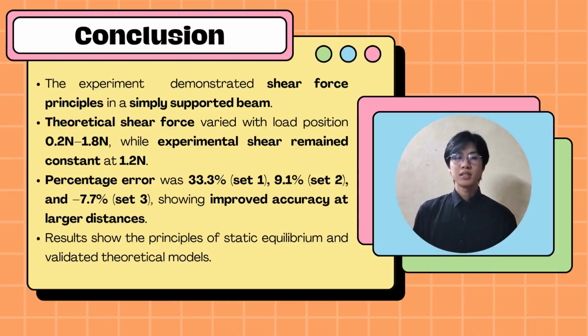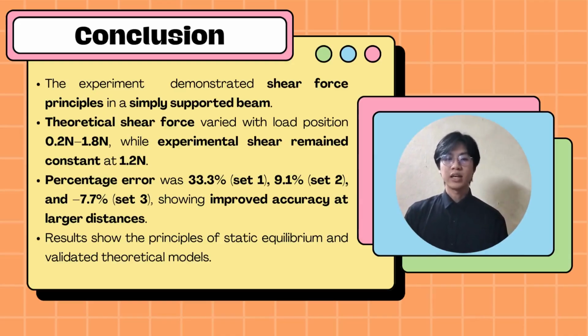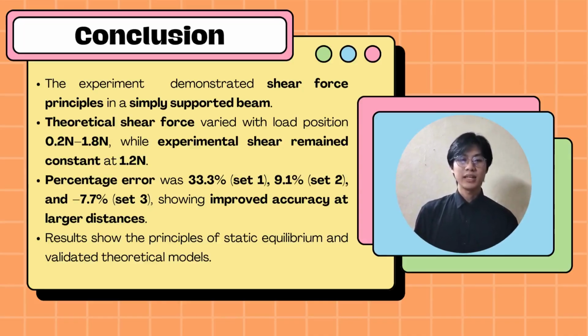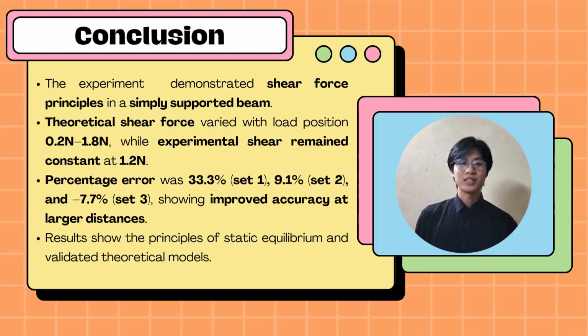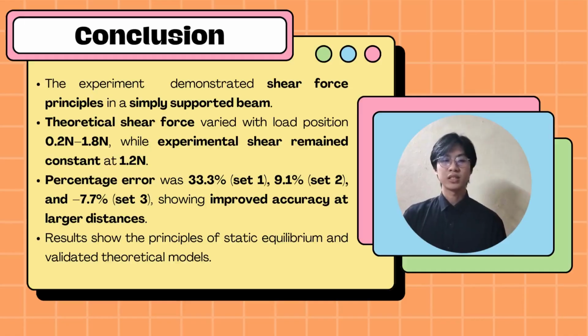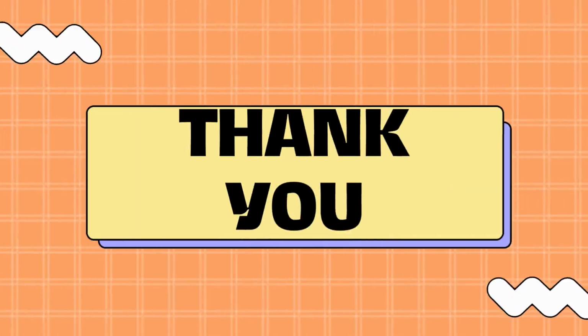The experimental shear force remained constant and the calculated percentage errors are 33.3%, 9.1% and negative 7.7% for the 3 sets, which indicates that the accuracy improved at the larger load distance. Overall, we have proved the principle of static equilibrium and confirmed the reliability of the theoretical model in predicting beam behavior under different loading conditions.